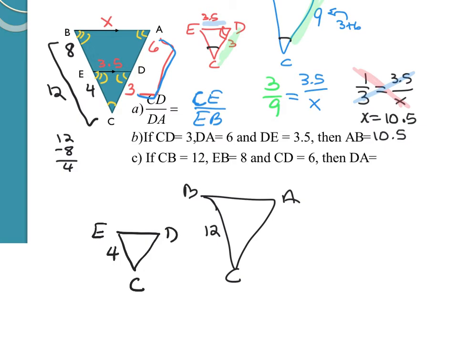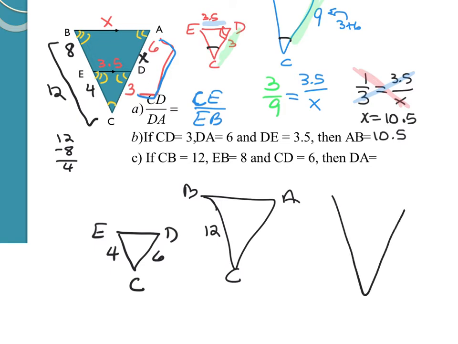And now they also gave me that CD is 6. They want me to find the length of DA. And DA is this little piece here. So I can go about doing this a couple different ways. So what I could do first is just do it as if it's a proportion without similar triangles.